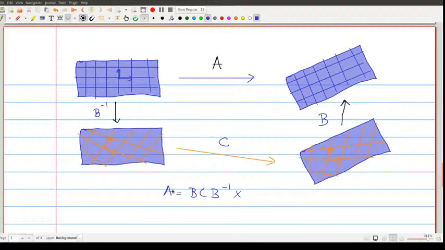So A x should be first multiplied by B inverse, then multiplied by C, and then multiplied by B, right?